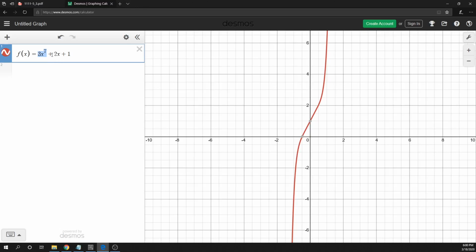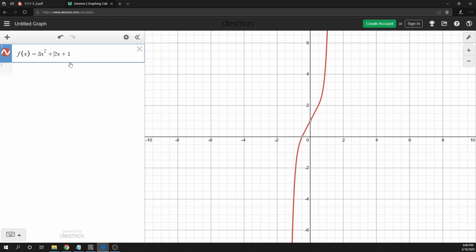So for instance, this one, we would know that it would go up as you go really far to the right. And what I said was that the fact that this 3 is positive means that it's going to keep going up and up, despite what these other numbers are. So I was kind of skeptical about that.